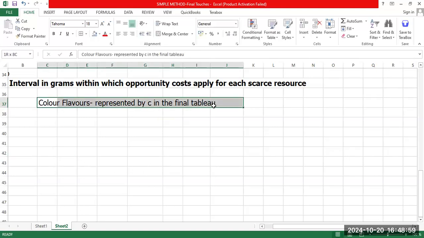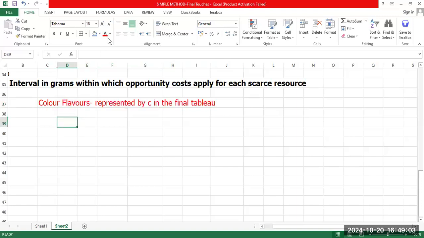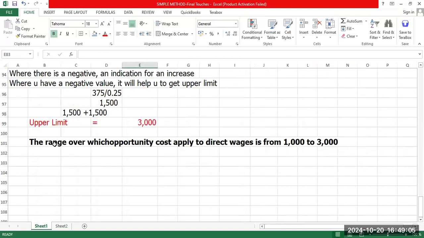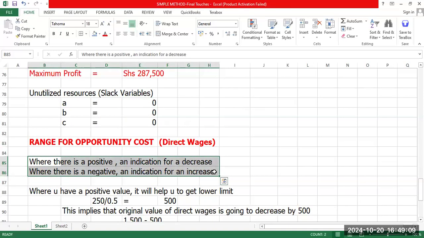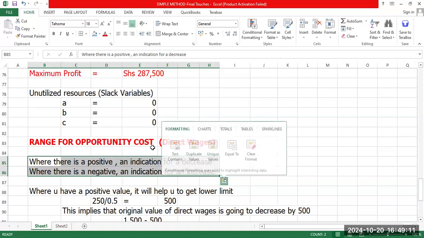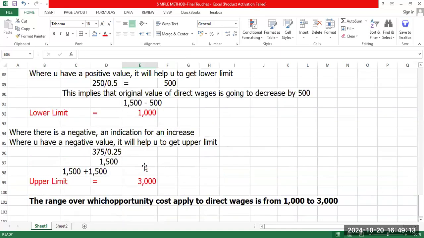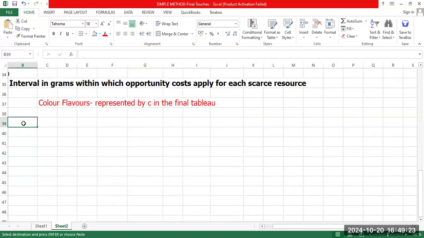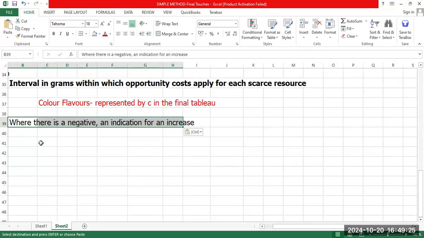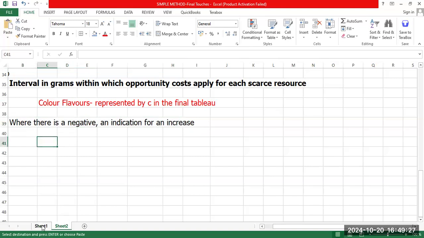Okay. Now we again apply our concept, the other concept I told you. Where there is a negative, it's an indication of increase.